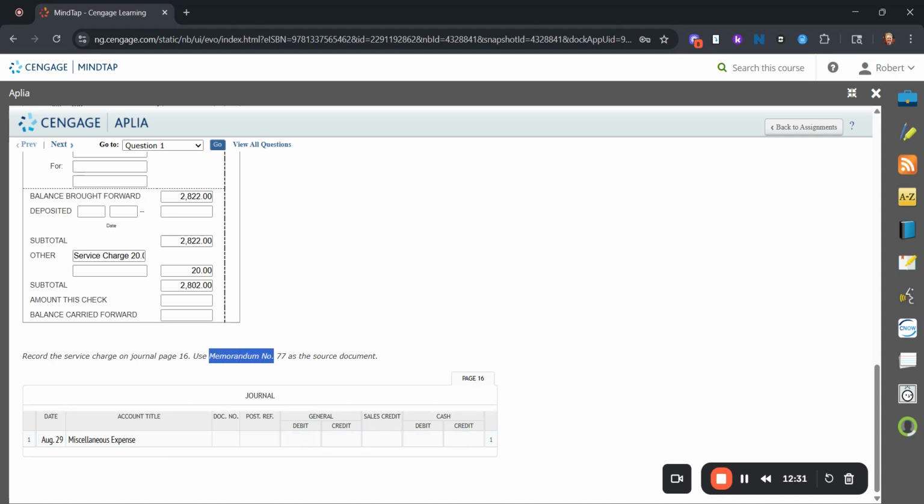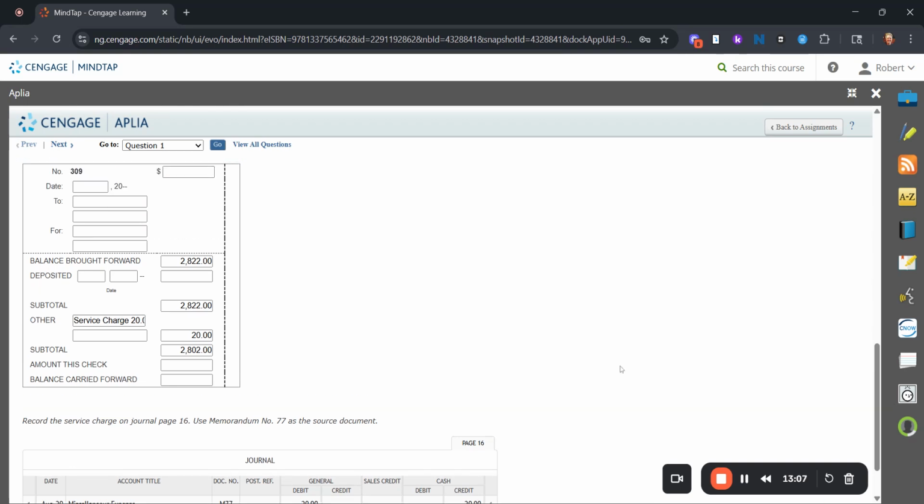It says use memo 77, so our document number is going to be M77. Once again, this is going to decrease owner's equity, so that goes in as a debit. And it decreased cash, which is an asset, so any decrease in an asset goes in as a credit. And that is the 5-2 work together.